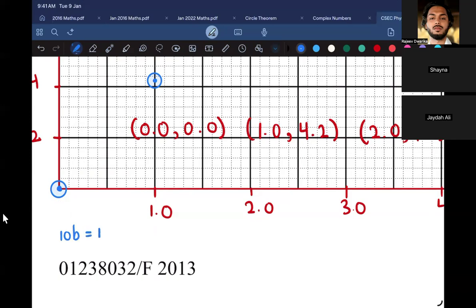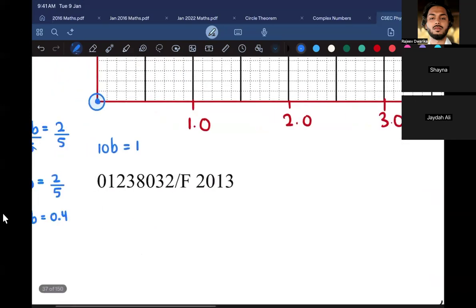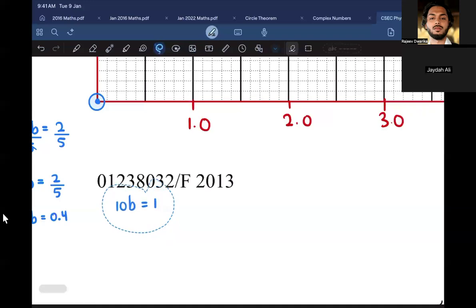How would I find one block? I would divide both sides by 10, because I want to find one block. One block is equal to 1 over 10, which is 0.10.